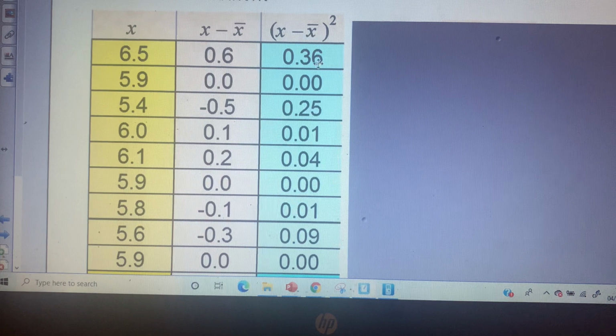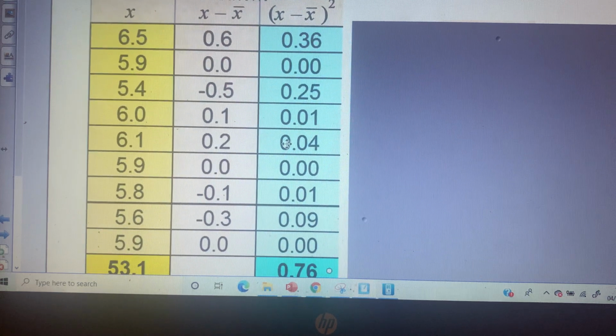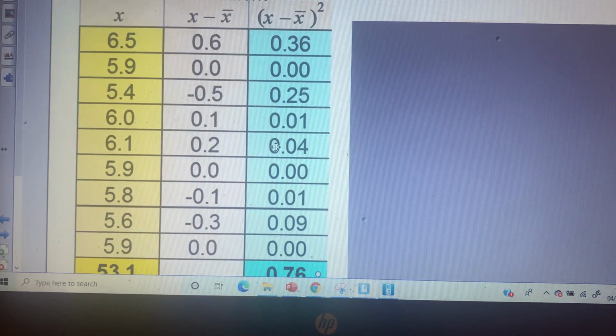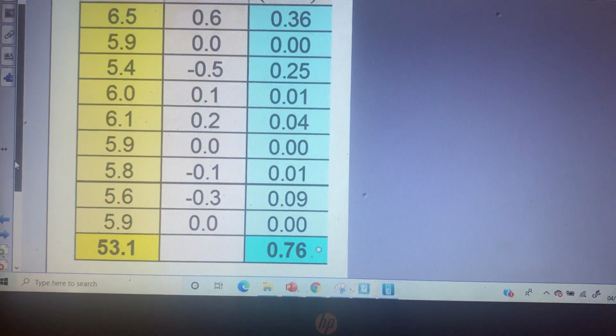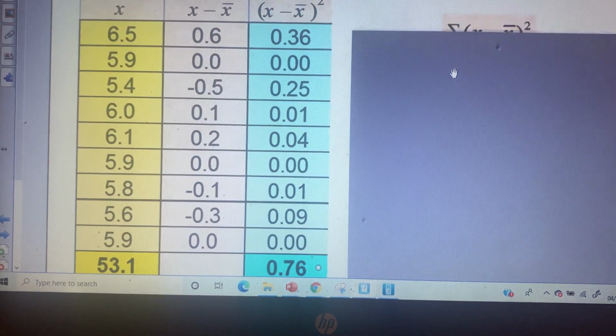So what I would now like to do is find the mean of these values. And when I find the mean of something, I have to add them up and divide by how many there are. So you can see if we add those up, we're going to get 0.76.